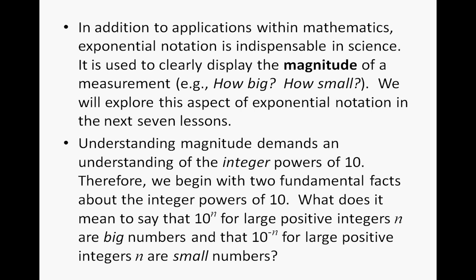Now you might be saying, why does this say large positive integers? Remember, this is n and then the opposite of n. So n can still be large positive integers. The fact that it has the minus sign in front of it means that we're going to take the opposite of that, and when we do that, the result is small numbers.